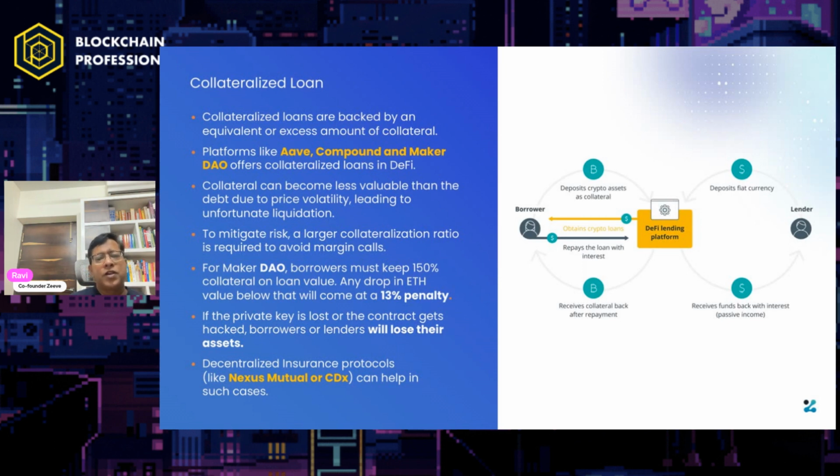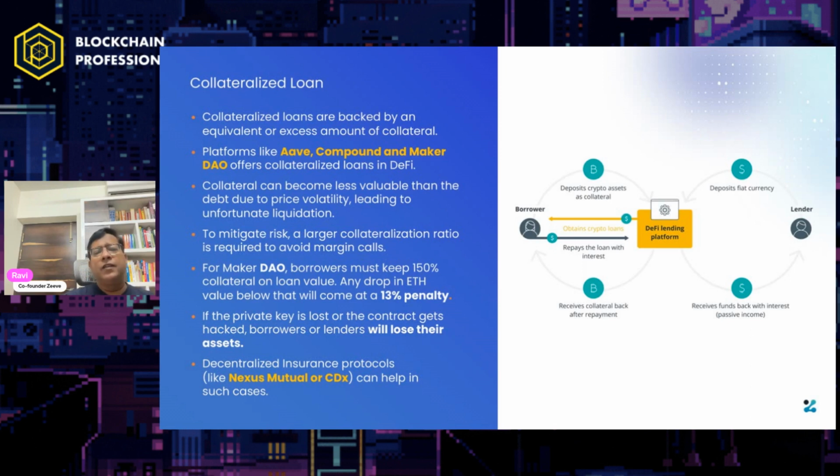By collateralization ratio, I mean that if you deposit one ether, hypothetically equal to $1,000 today, you will get only 60% or 70% of that as a loan. Very similar to traditional finance, normally you don't get a loan equal to the value of the collateral. It is somewhat lesser.